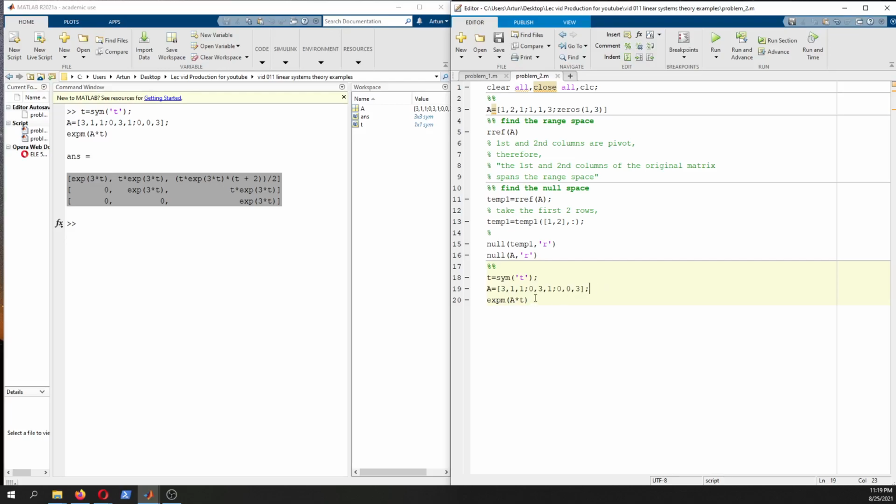Even though this is only 3 by 3, it took a lot of time. Imagine what would happen if we had 10 by 10 or 20 by 20. That type of dimension would be impossible at this moment.